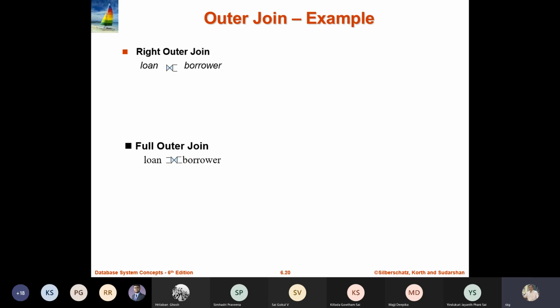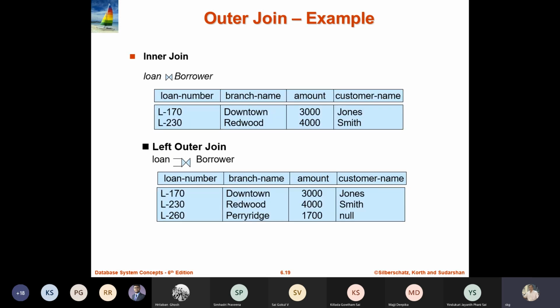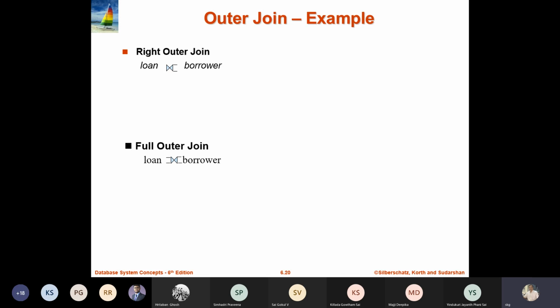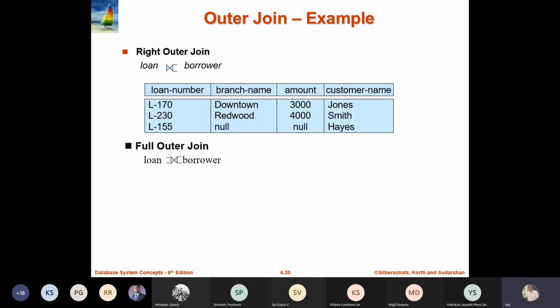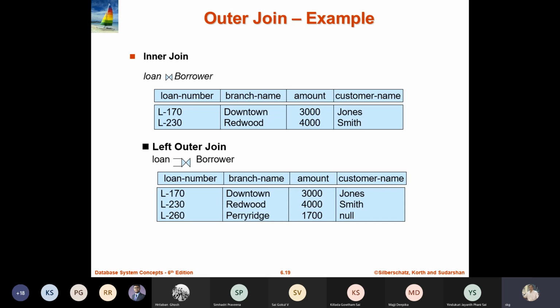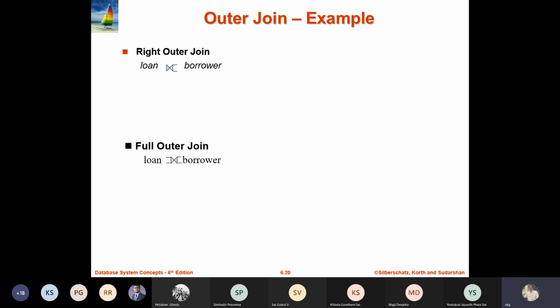Just as there is a left outer join, there is a right outer join, where the customer names are there, right? That means the full borrower set is there, so we get L170, L230 and L155, but not L260 as we saw in the left outer join.